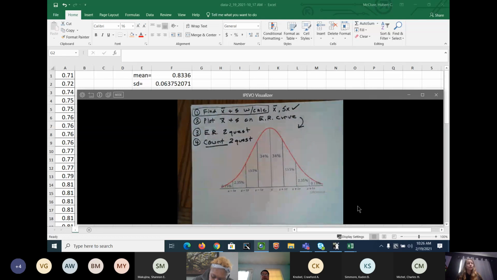So that's done. Now I'm going to plot it on the empirical rule curve. But before I do that, I'm not going to add all these with a calculator; with a mouse and a calculator, it takes too long. So I'm going to do it with the Excel spreadsheet and then write it over here. I'm doing number two right now.